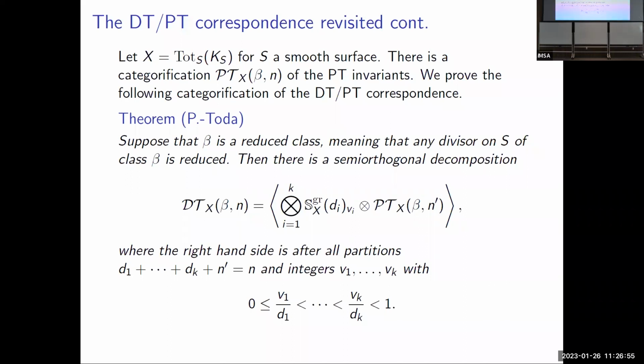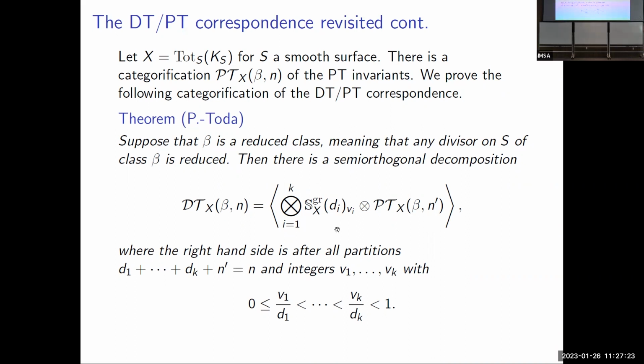We have that beta is a reduced class, but we can also assume that beta is an arbitrary class and work over the reduced locus. So we obtain a semi-orthogonal decomposition like this that parallels the numerical DT-PT correspondence. Indeed, these are some quasi-BPS categories for points on X, on the local surface.